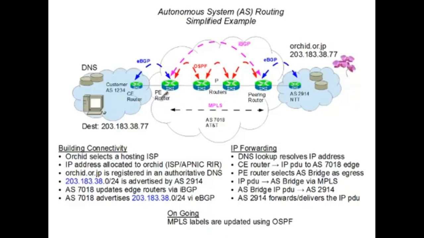So we have the provider edge router and P routers, which are the core routers. The MPLS updates are done by the MPLS protocol and by a label distribution protocol. So the label tables, that is the tables that specify how you handle MPLS routing, are distributed using an internal protocol. OSPF would be one choice, IS-IS would be another.